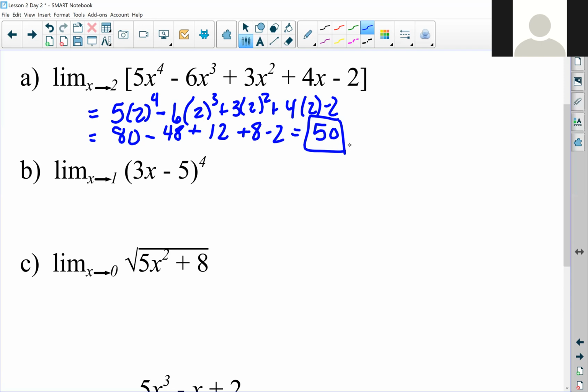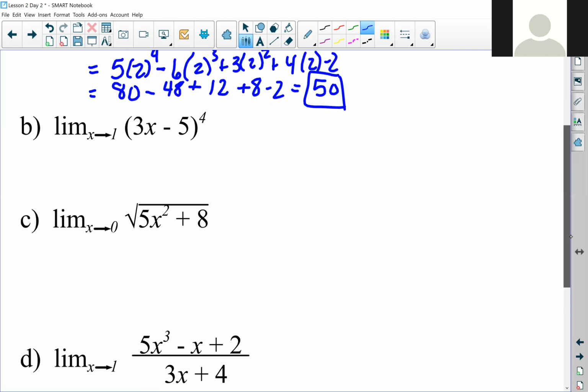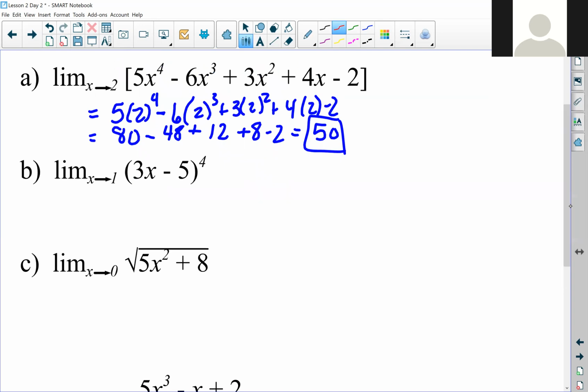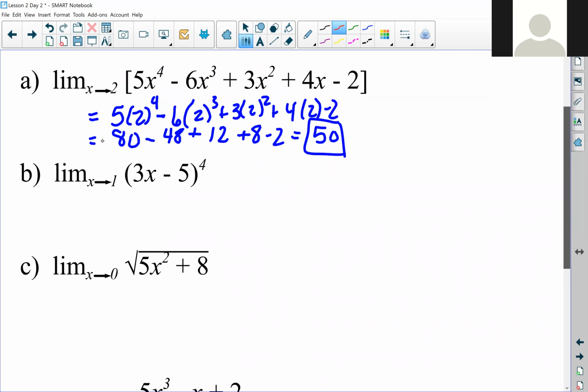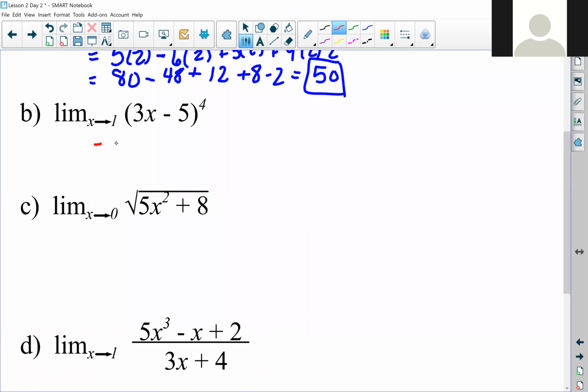The next two are very similar. We're just going to take the limit as x approaches 1 in this first case. So I would use that property that says I can do the limit as x approaches 1 of 3x minus 5 and take that whole thing to the fourth power.